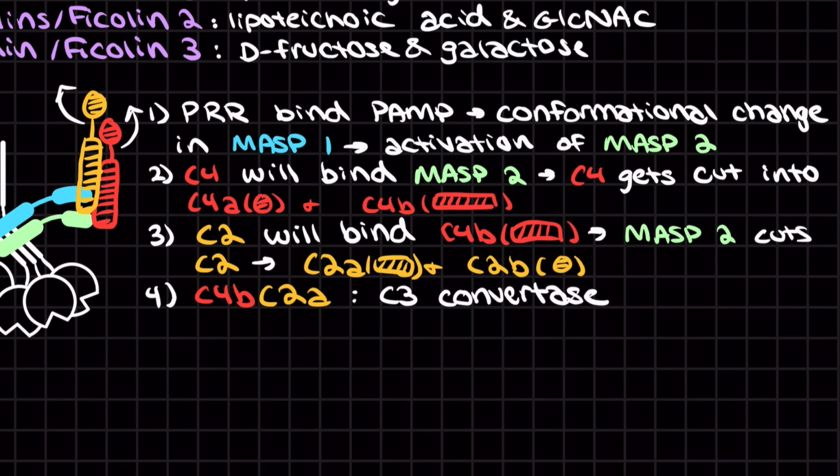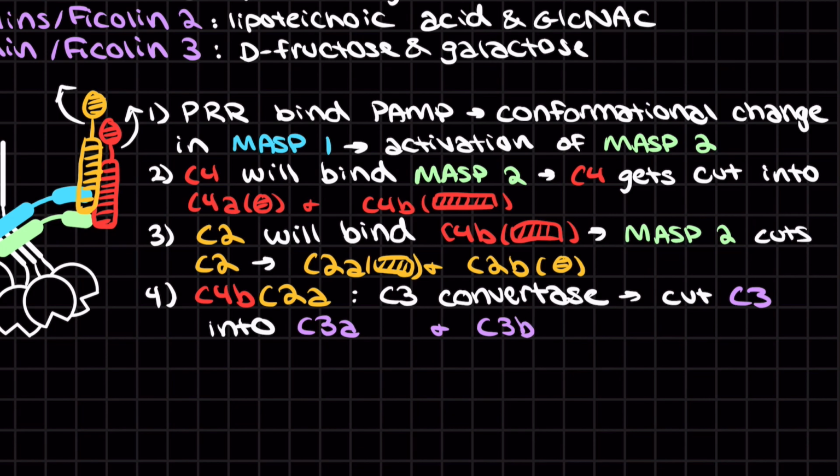This is where every single complement pathway converges, the formation of a C3 convertase. And this will cut C3. So C3 convertase, which will cut, and I'll put it in purple, C3 into C3A and C3B.